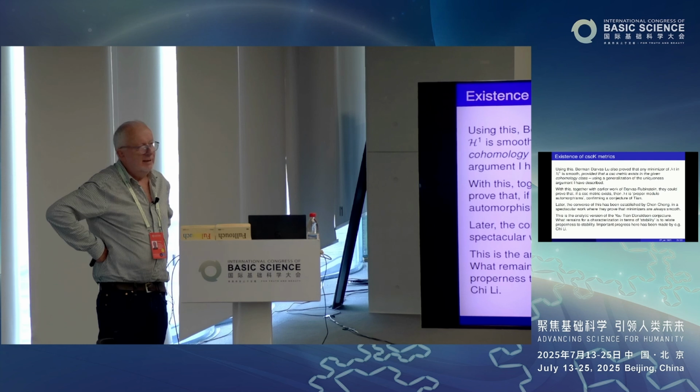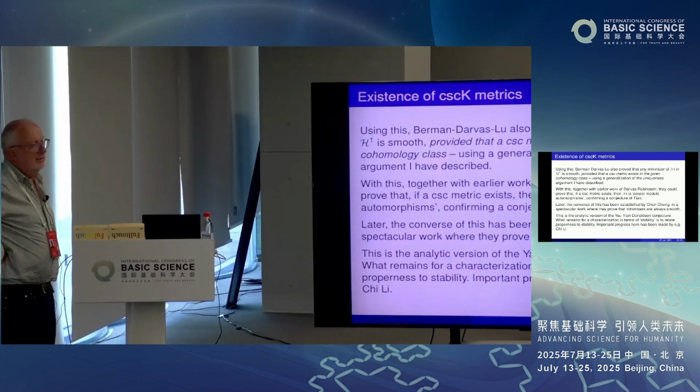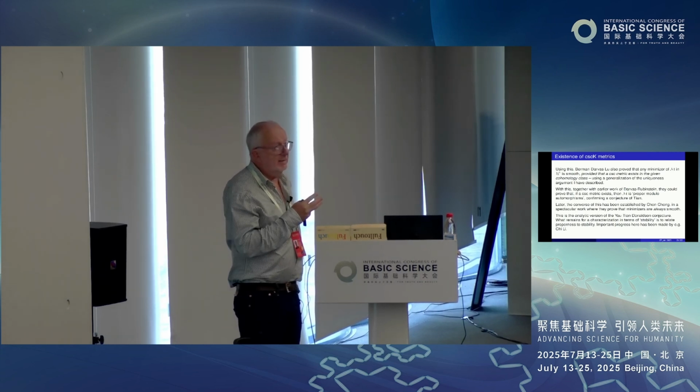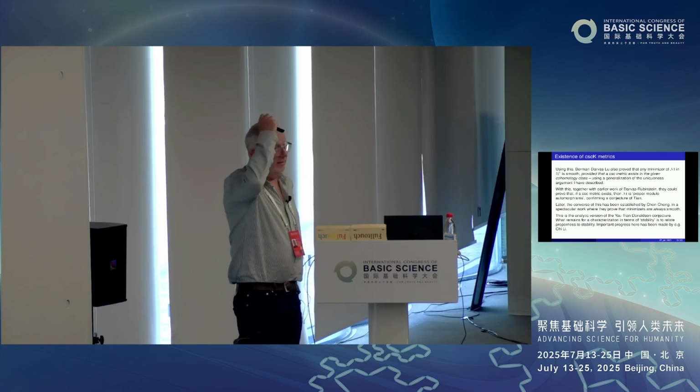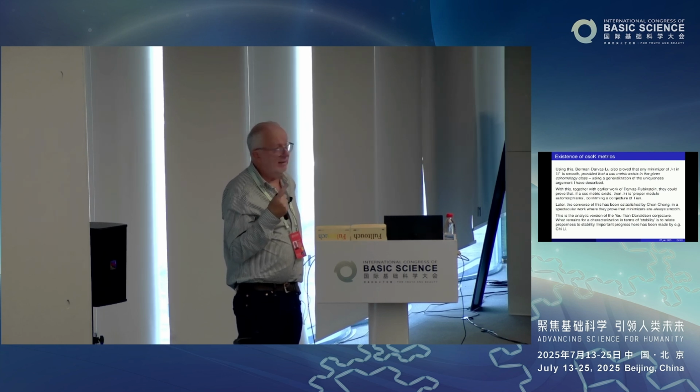So maybe I have two questions. The first one is about, so you said the CSC metric is unique modulo the automorphism group. So actually there is the automorphism group of X and also the reduced or linear automorphism group of X, right? So I think the reduced group is what I described that corresponded to the Lie algebra of all vector fields that were, so to speak, complex Hamiltonians. Yes.